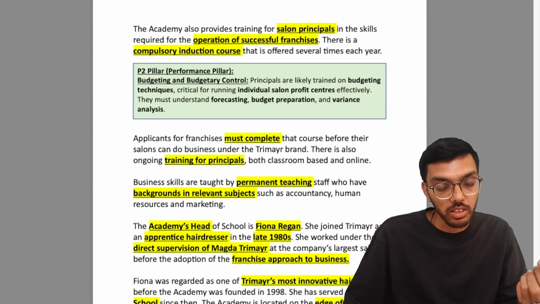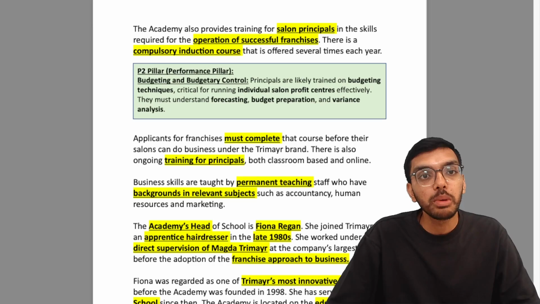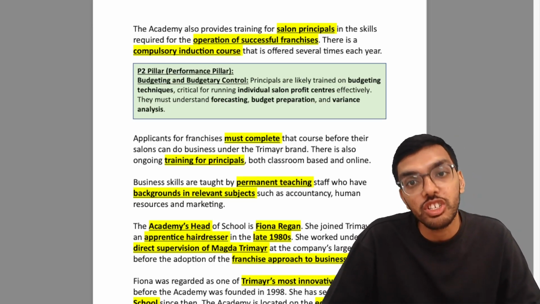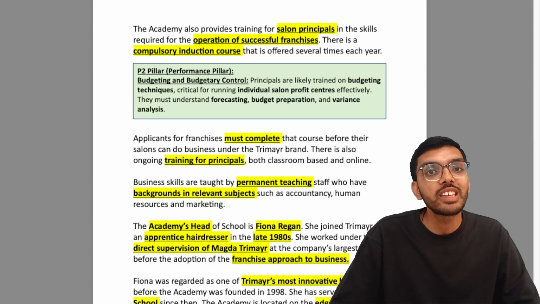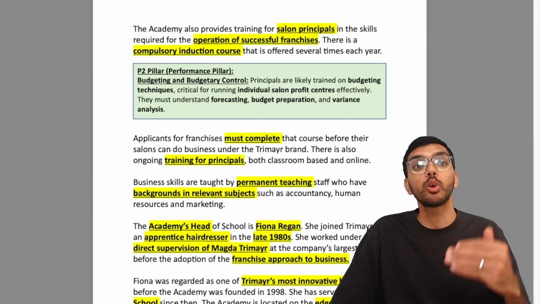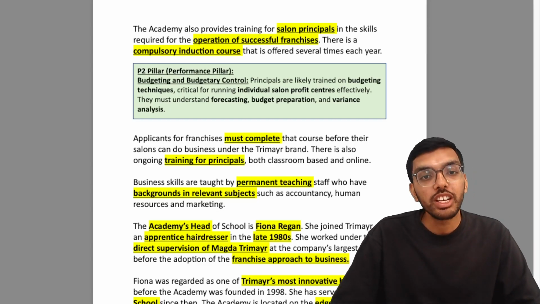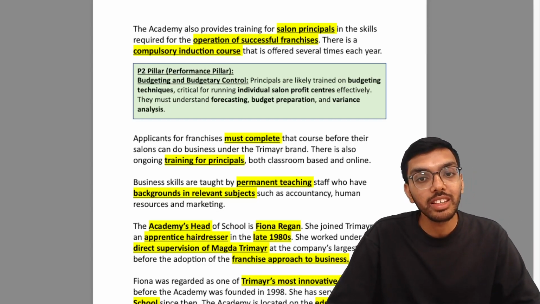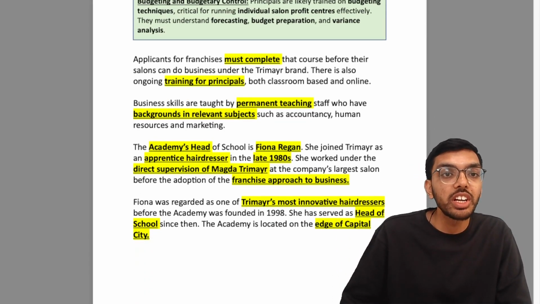The academy also provides training for salon principals in the skills required for the operation of successful franchises. There is a compulsory induction course that is offered several times a year for salon principals. Applicants for franchises must complete that course before their salons can do business under the Trimayr brand.